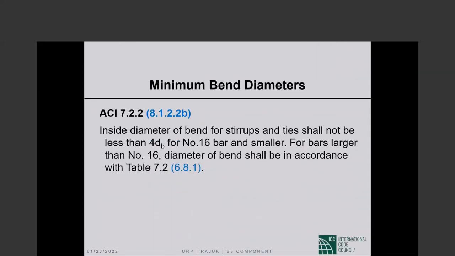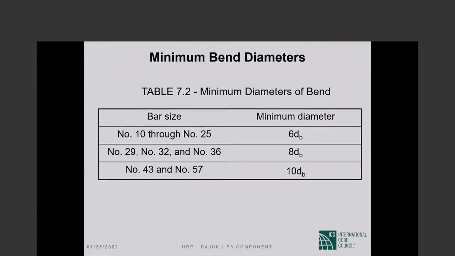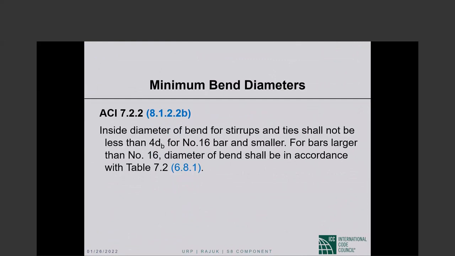Inside diameter of bend for stirrups and ties. So that was for longitudinal bars, this table. Okay. Now, inside diameter of bend for stirrups and ties shall not be less than 4 bar diameter for number 16 and smaller bars. No less than 4 bar diameters.